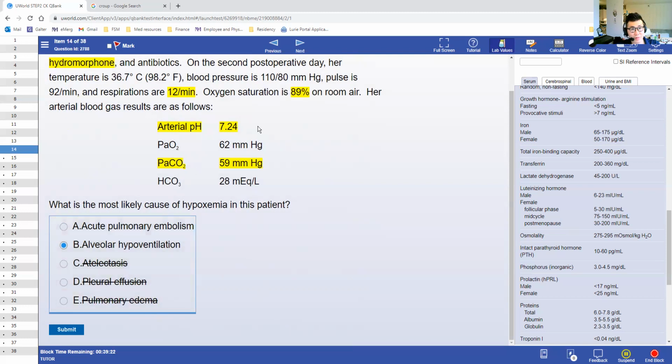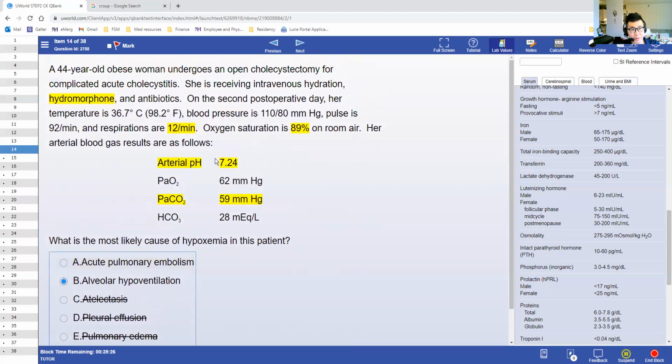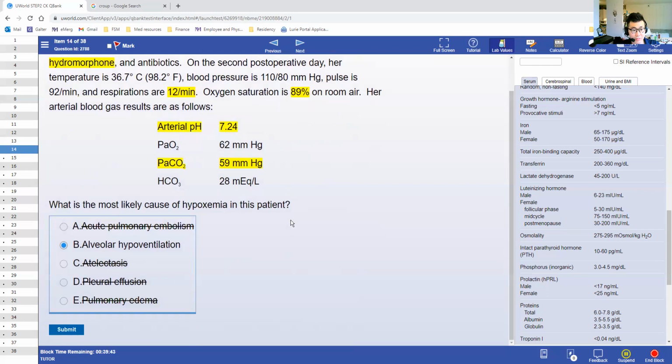Atelectasis too, you'd be more likely to see a fever. Acute pulmonary embolism, this is what, second post-operative day, so yeah, not very likely, and also no real other risk factors. Yeah, overall, this is a pretty clear picture for alveolar hypoventilation.